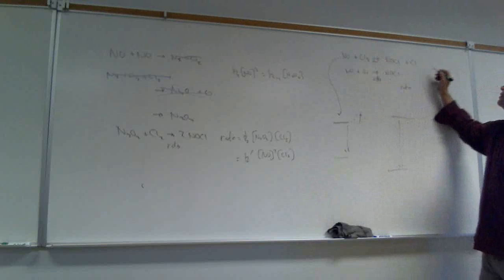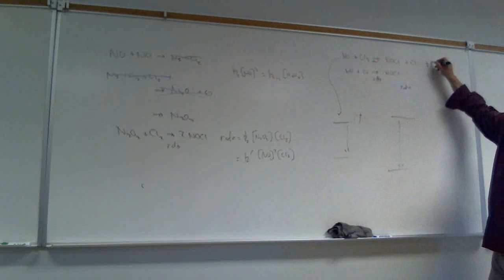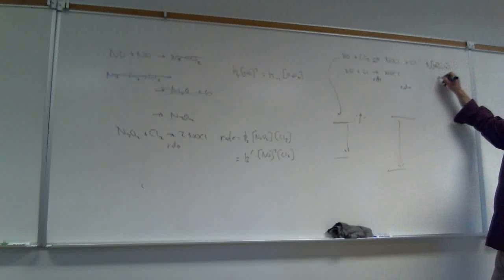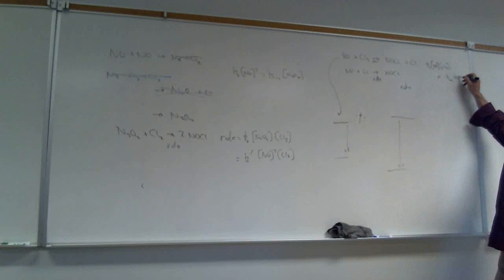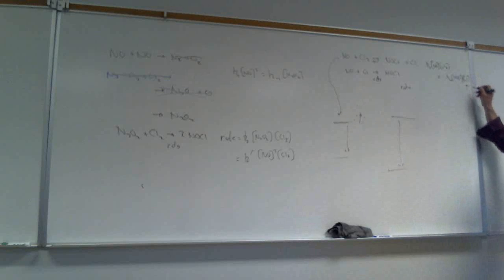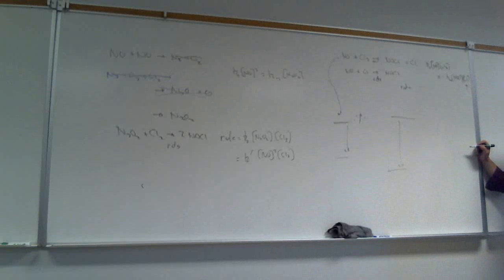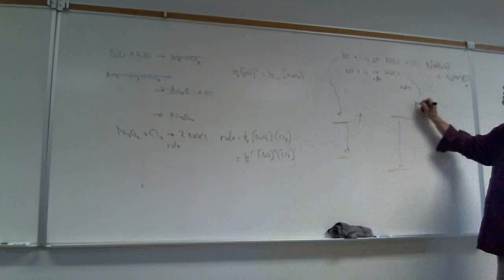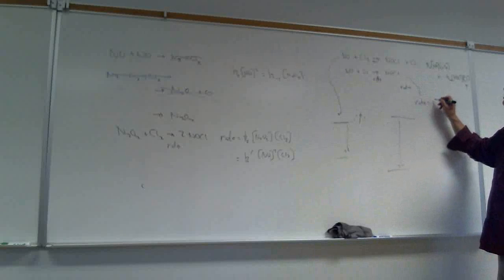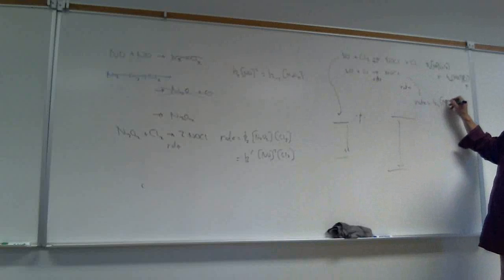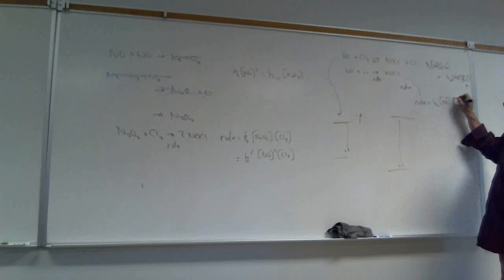Yeah. Okay, so you're saying that you get K1 NO Cl2 is equal to K minus 1 NOCl Cl. And then you're taking out this intermediate, which puts NOCl in the denominator. And so here the RDS would be the rate is equal to K2 times the NO times the Cl.